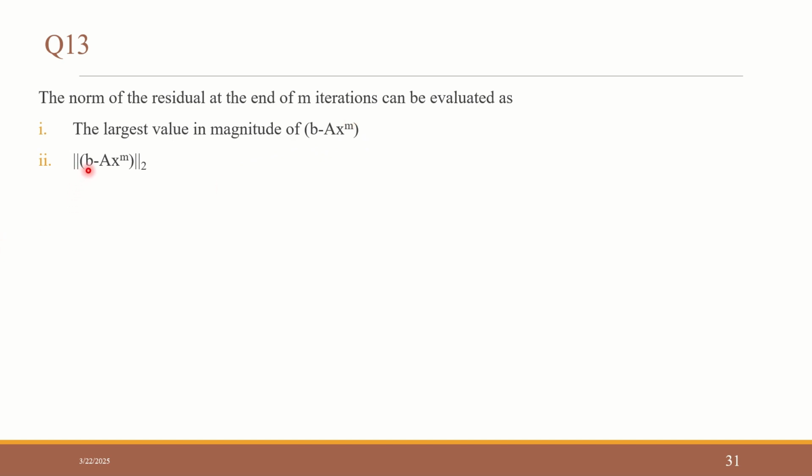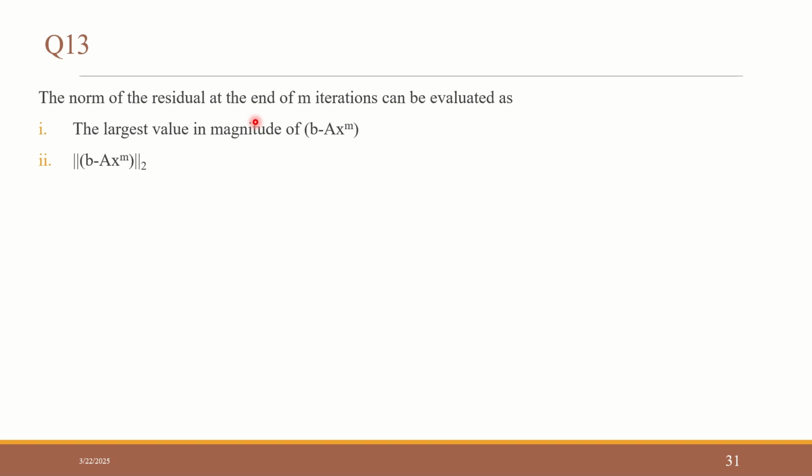Second one, again b minus Ax at m, with the second norm. So we are asked how we will calculate the norm of the residual. Residual is b minus Ax. Ax is equal to b, or Ax is equal to q, whatever; the residual is given by b minus Ax or q minus Ax.